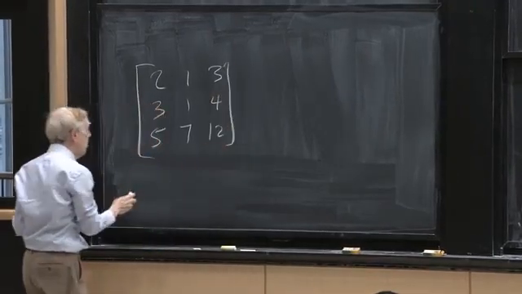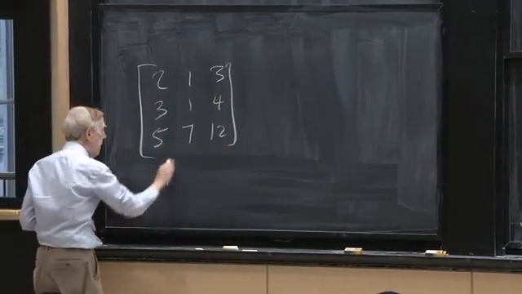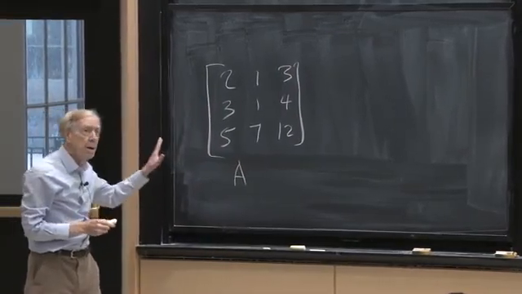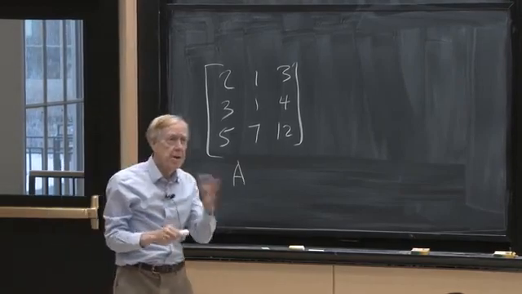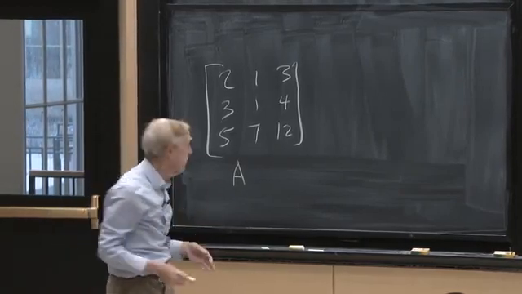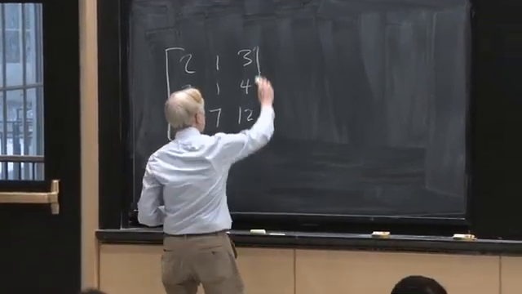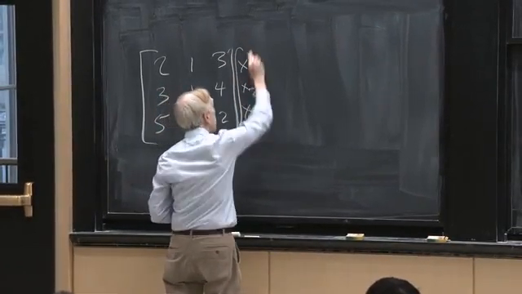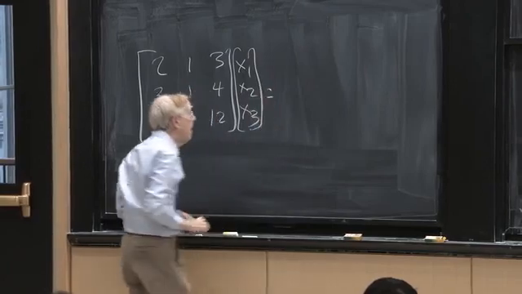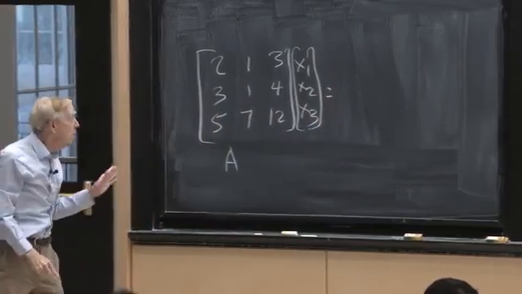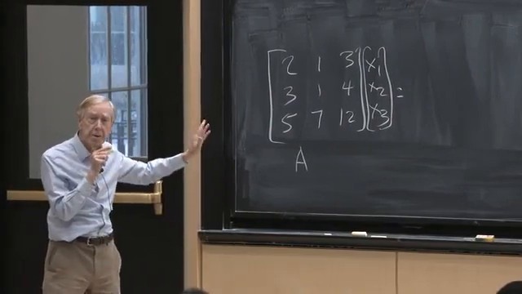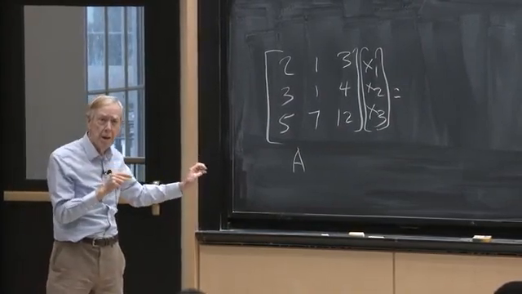I'll always call matrices A. So the first step is just A times x, A times a vector. So I multiply A by, let's say, x1, x2, x3. And how do I look at that answer? The choice is to think of the rows of the matrix or think of the columns.